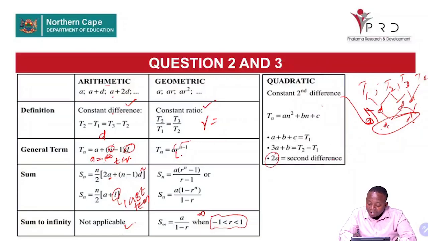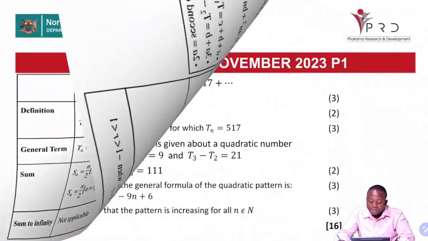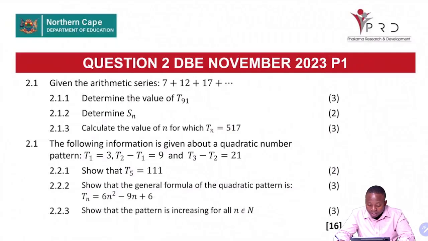Then after you find the value of a, you will find b: 3a plus b gives us T2 minus T1, and a plus b plus c equals T1. So that's how we work with that equation. Right. Now grade 12, we will have 10 minutes to complete this activity. This is question 2 of our paper 1, November 2023.